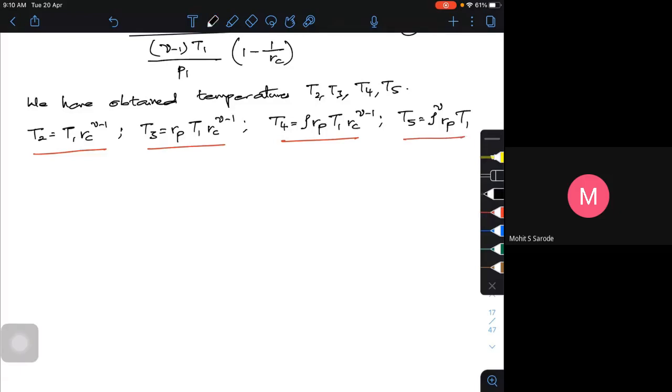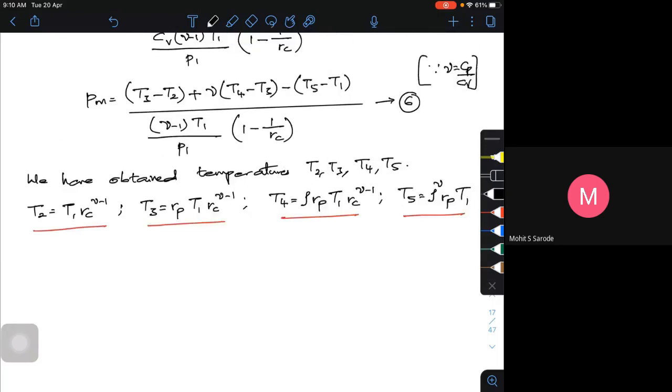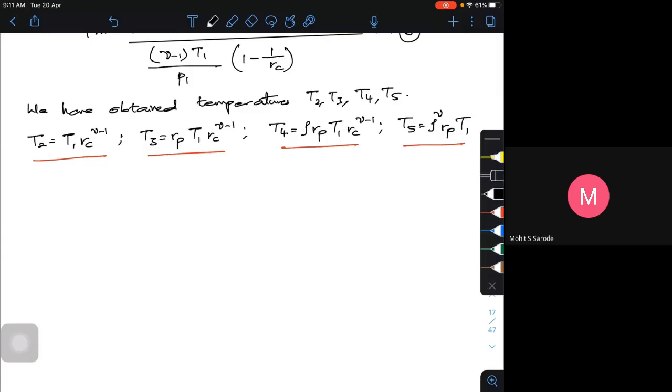So I am going to substitute this in equation number 6. If I substitute, I can simplify and get the expression for the mean effective pressure. Substitute for T2, T3, T4 and T5 in equation 6.